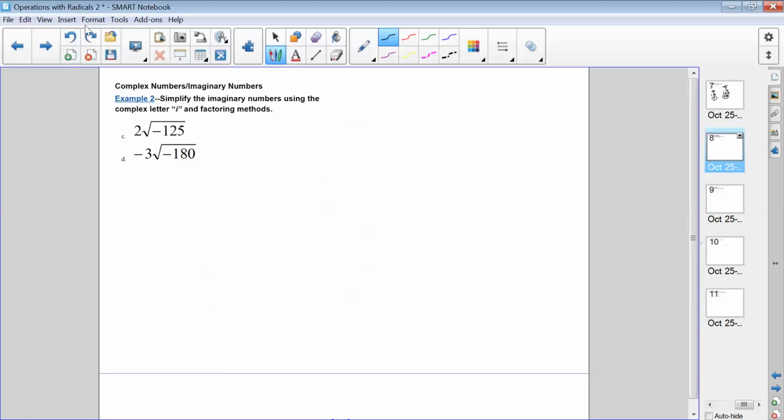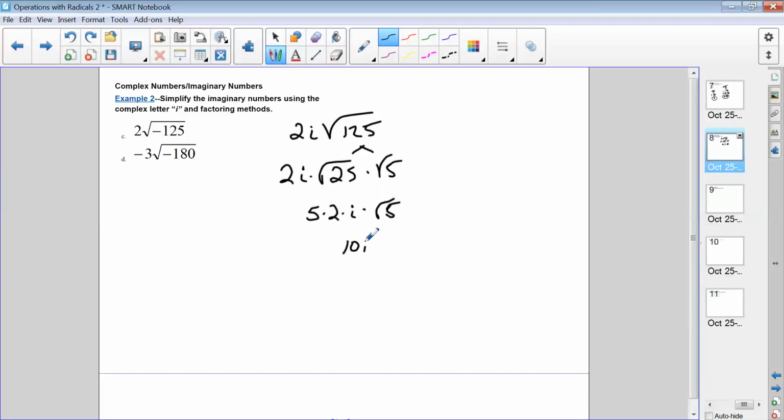I'll look at another one where I've got a coefficient factor 2, and I see the negative under the radical, so I know that's going to become i, and now I'm looking at the square root of 125, and that's going to be the square root of 25 and the square root of 5, all multiplied by 2i, so the square root of 25 becomes 5, so I've got 5 times 2 times i times the square root of 5, and all this was simplified to be 10i times the square root of 5.